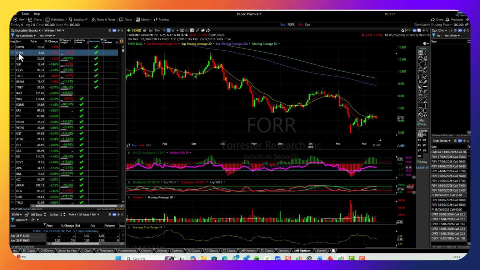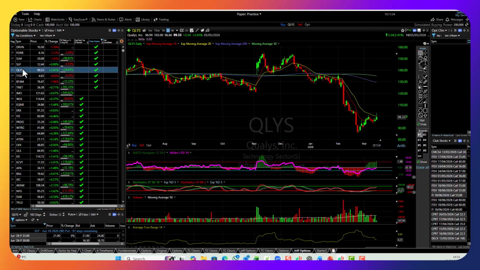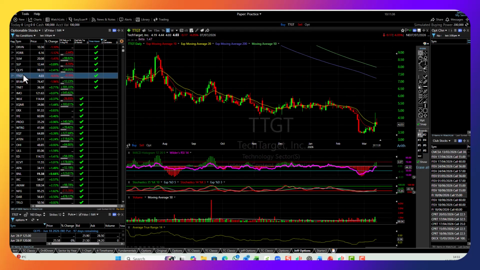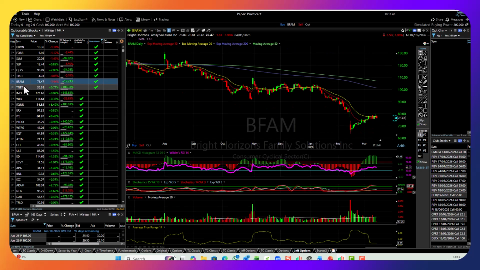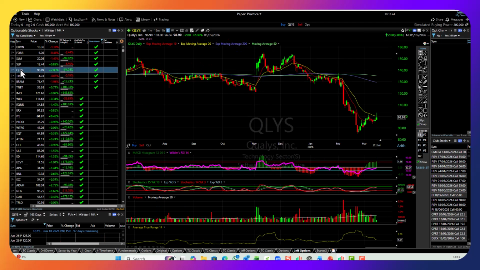It's another one, and another, and another, and another, and another. Again, I can put these through the quality filtration system. I know, for example, that QLYS will come out rather well, and it gives me an excellent candidate.